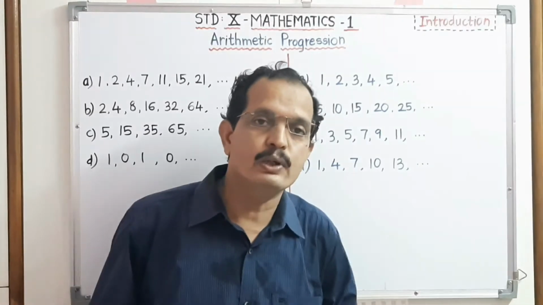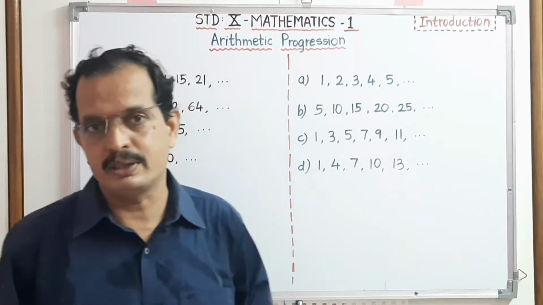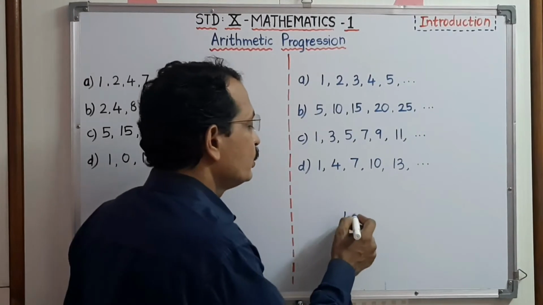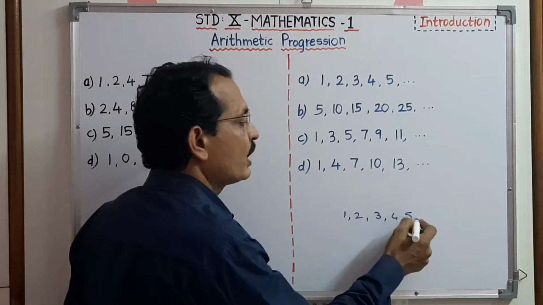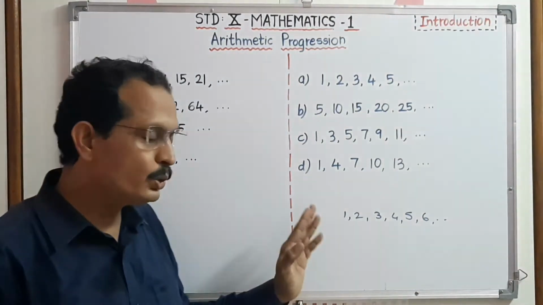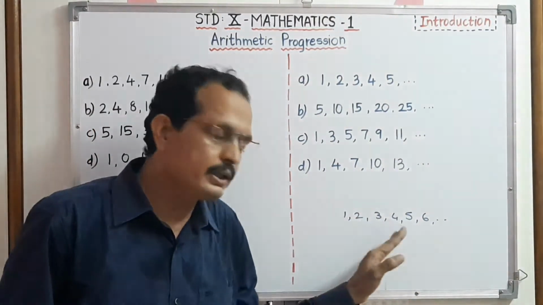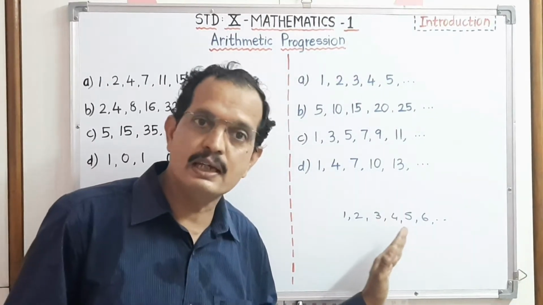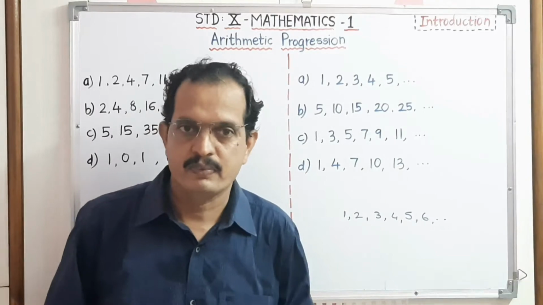Just now I told you that when you start learning mathematics, you start learning numbers 1, 2, 3, 4, 5, 6, like this. That means you know that after number 2 there is 3, there is 4, after 4 there is 5. Like this, these numbers are arranged in a sequence.